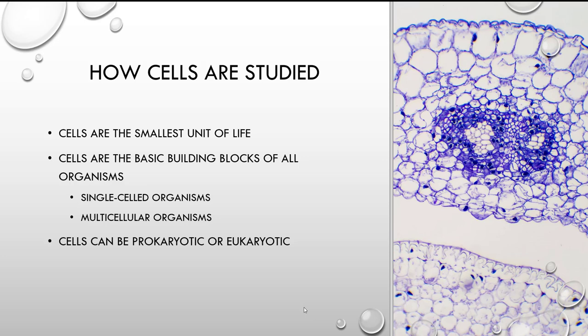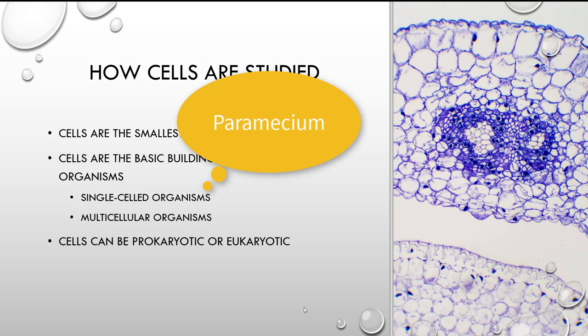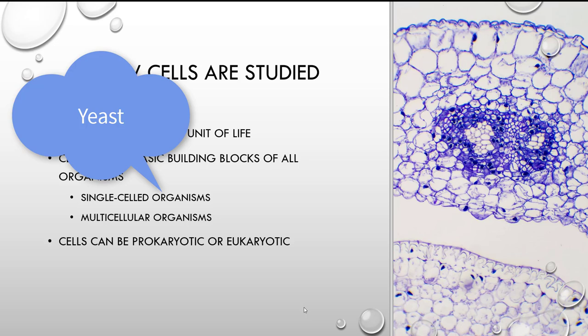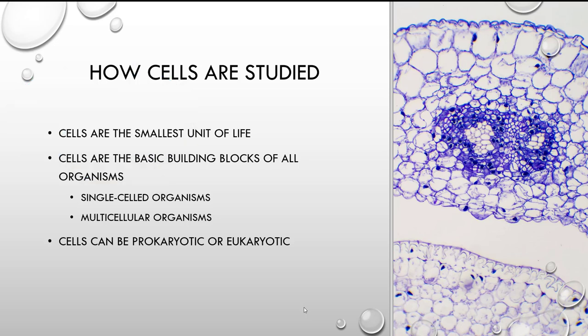Eukaryotic organisms can be either single-celled or multicellular. We do have single-celled eukaryotes, such as paramecium, which are a type of protist, and yeast cells, which are a type of fungus.